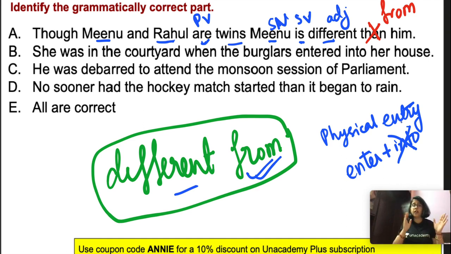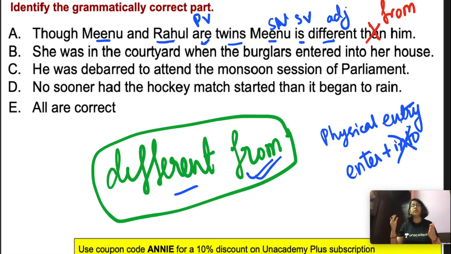Okay, the car entered the garage, the students entered the classroom, the burglars entered her house. Because there is a physical entry, the students entered the classroom. Here the students are making a physical entry. Okay, वो लोग खुद घुस रहे हैं classroom में. So whenever there is a physical entry, into is not used.